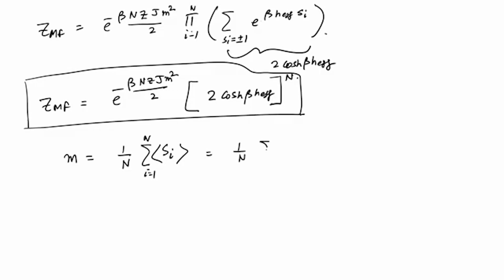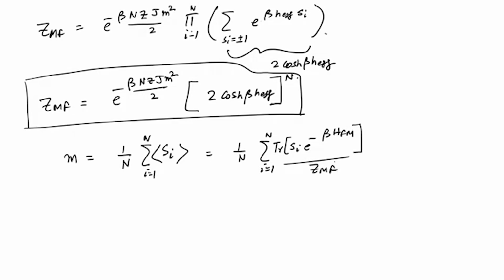it is equal to sum over 1 to n a trace of SI exponential minus beta HMF and divided by the ZMF.